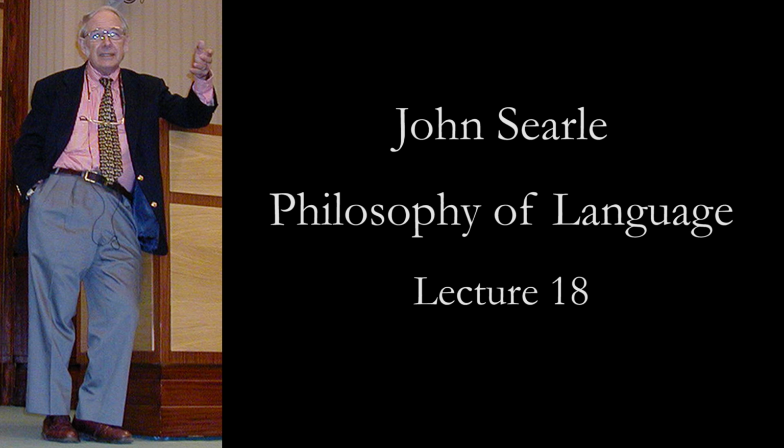Now, the third objection to the correspondence theory is, I think, the most subtle of the three. And for a long time, I used to believe it, and that is that the correspondence theory can't really succeed in saying anything. There can't be a relation of correspondence because there's no way to identify the terms of the correspondence independently of each other.